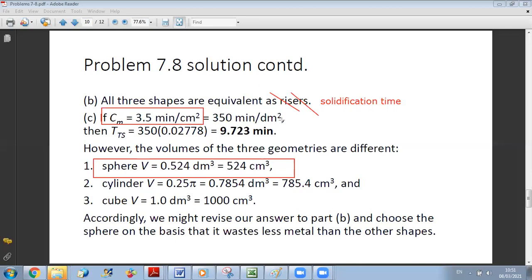You know that 1 centimeter corresponds to 0.1 decimeter. And since you are dividing by decimeter square, you should multiply 3.5 by 100. So 3.5 minutes per centimeter square is 350 minutes per decimeter square. And then the solidification time is around 10 minutes, okay?